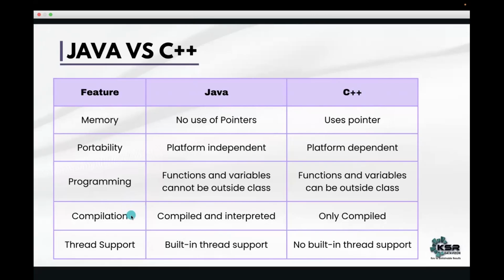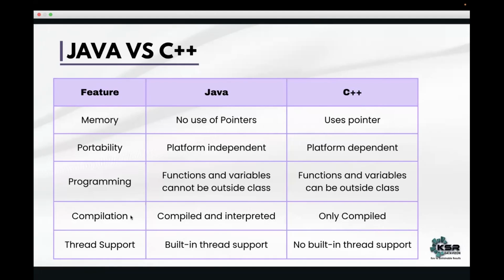Okay? Next is compilation, which we have seen, compiled versus interpreted language. What was compilation? Conversion of code into machine code. If you speak in terms of compilation, Java is compiled and interpreted. So it's not just compiled. In Java, your code will not be directly converted to machine code. In C++, it will be.